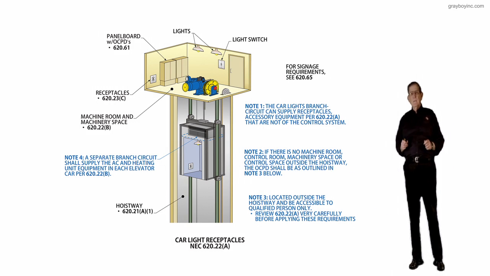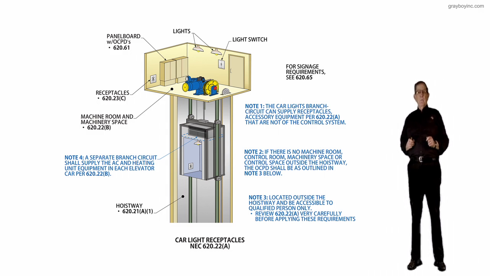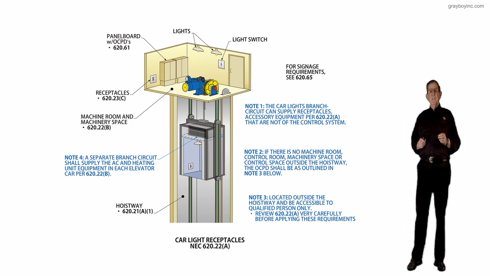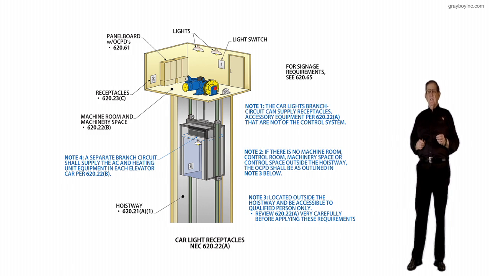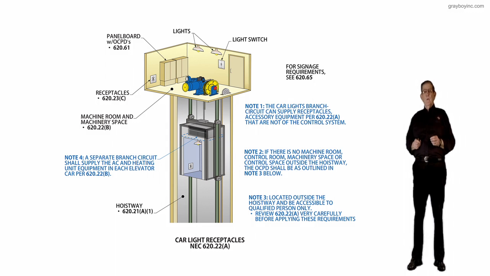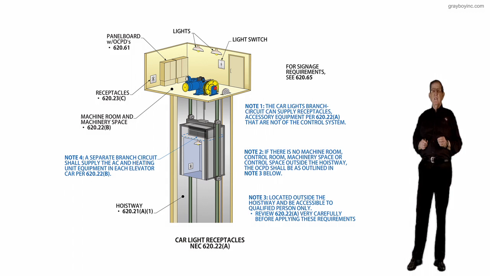This illustration deals with car light receptacles, NEC 620.22(A). The purpose of the change was to accept a revision, and a revision has been made to clarify which types of equipment are permitted to be supplied by the branch lighting circuit, and specifies the location of the overcurrent device in those situations where there is no machine room or machine space.